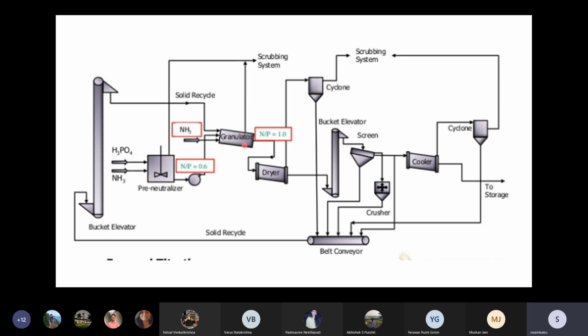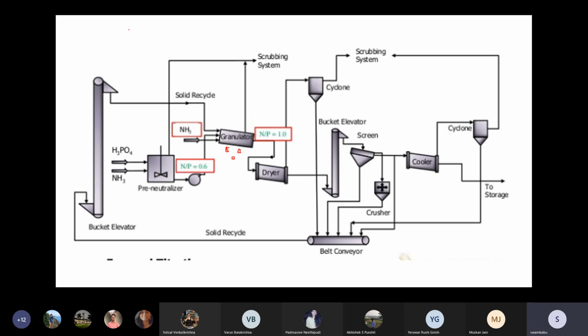In this granulator, the slurry after the pre-neutralizer is converted into small granules. I already explained in the urea production process, to produce the granules, what did we use to produce the urea granules?